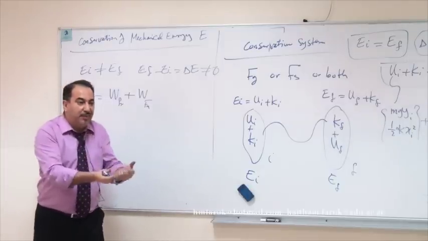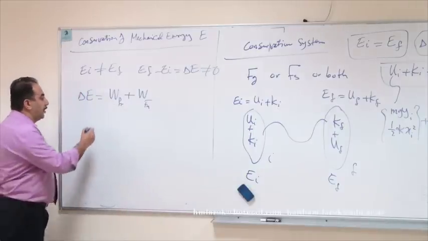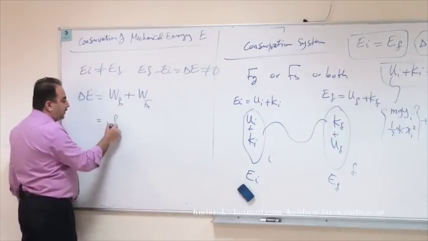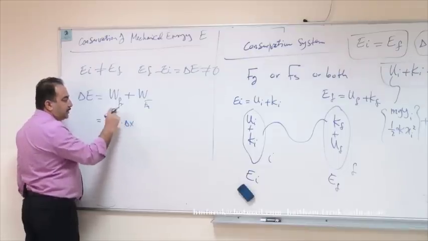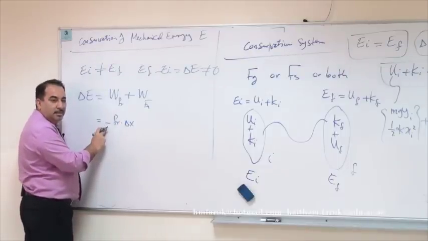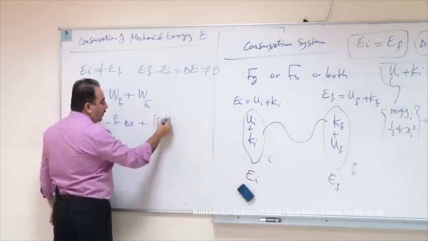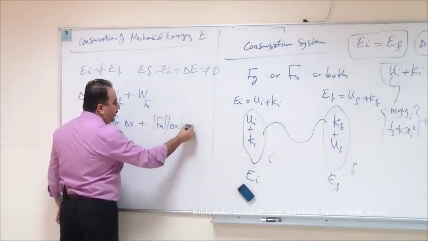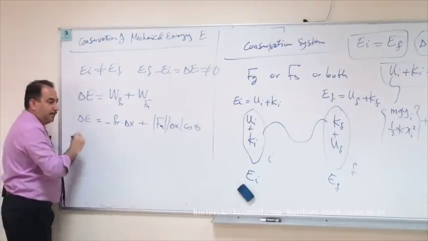Maybe you have a profit or a loss, yes? How do you calculate the work of friction? Minus FR delta X, and the minus is for 180 degrees. Applied force: FA delta X cosine theta. I don't know what the angle is. This is how we calculate delta E, okay?